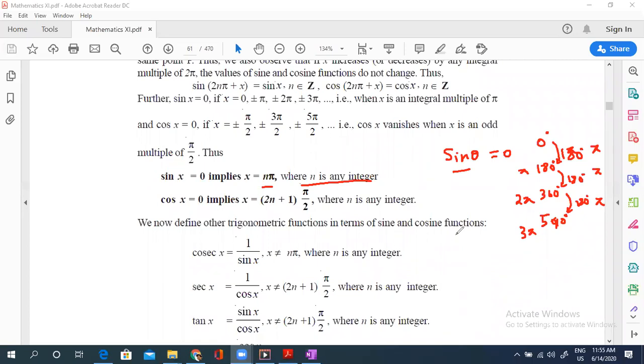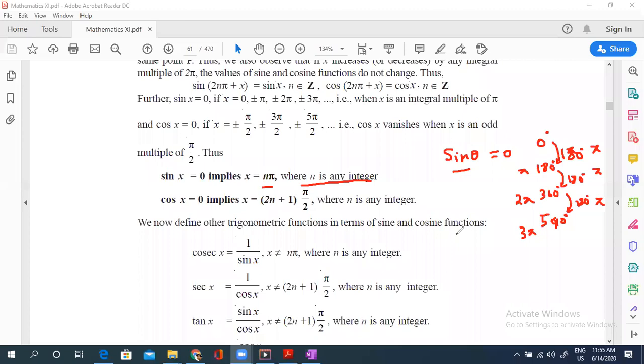Got it? Like sine 0 is 0, sine 180 or sine pi is 0, sine 2 pi is 0, because the point at 2 pi and the point at 0 will be same. Okay, the point at 3 pi will be same.